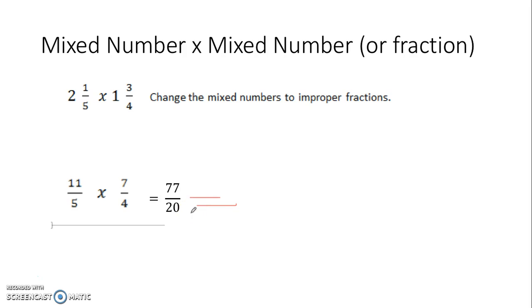How many times does 20 go into 77? Well, we know that 20 times 3 is 60, and 20 times 4 is 80. 80 is too much, so our whole number is 3. To get what's remaining, we have 77 minus 60, which is 17. So 3 and 17 over 20.